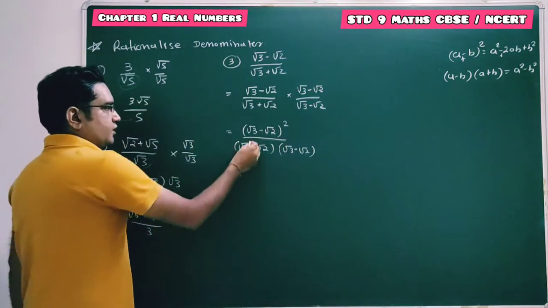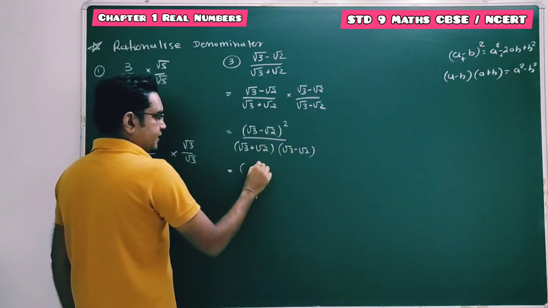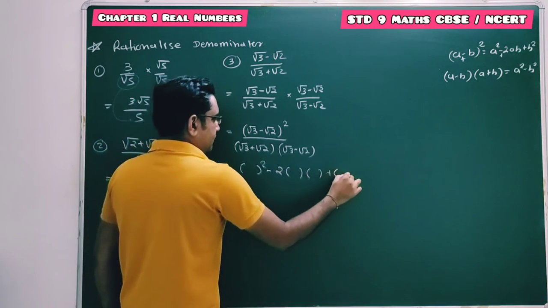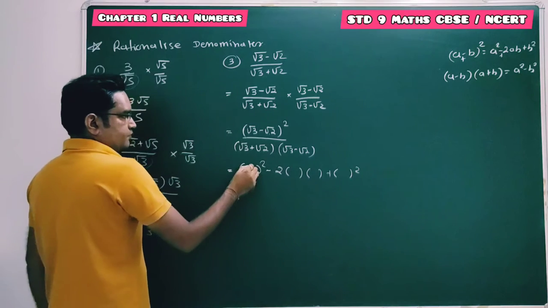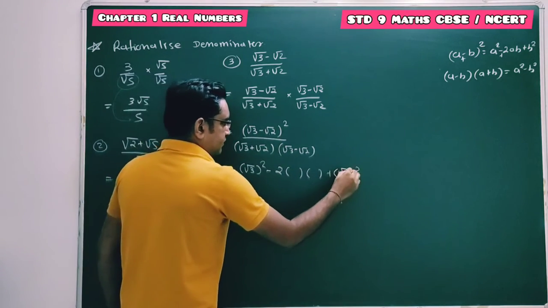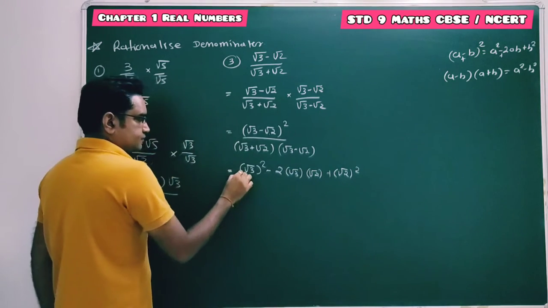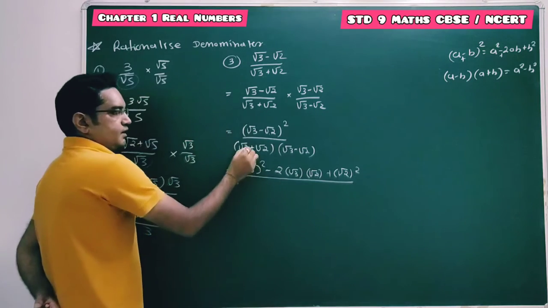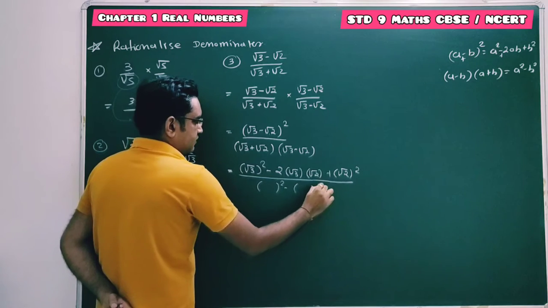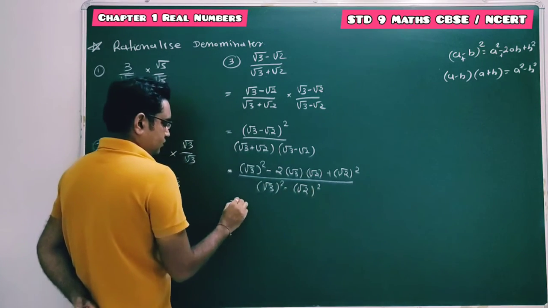So the expansion of (a minus b) whole square is the first term square minus 2 into first into second term plus second term square. The first term is root 3, the last term is root 2. For (a plus b)(a minus b), it is first term square minus second term square, root 3 and root 2.